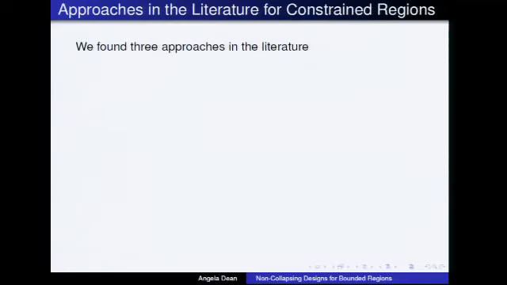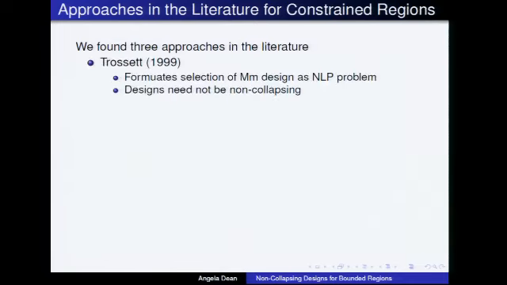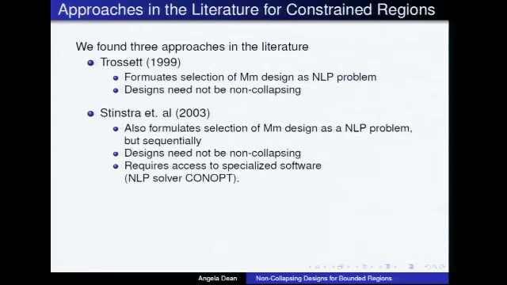And we looked around the literature to see what was out there, and we couldn't find very much, although I suspect I may have missed something. There's a paper of Trossit's in 1999 formulated as a nonlinear programming problem, but those designs don't need to be non-collapsing. There's another paper of 2003 which is also formulated as a nonlinear programming problem. Again, the designs don't need to be non-collapsing.